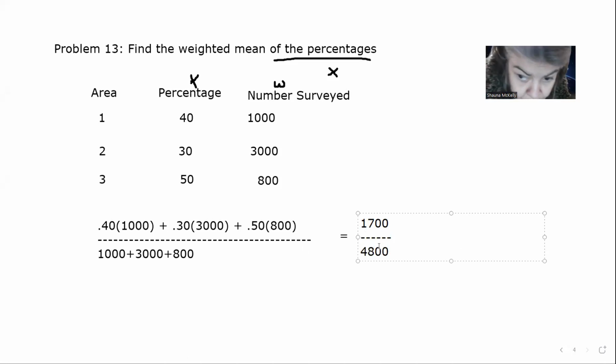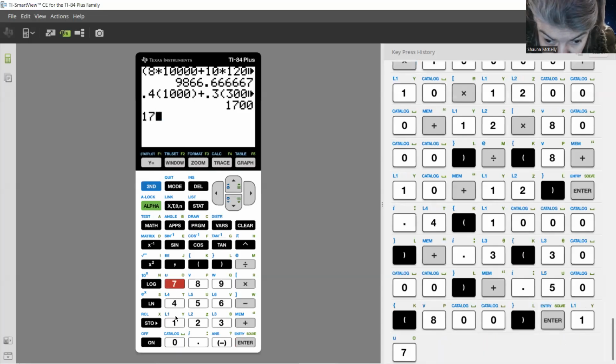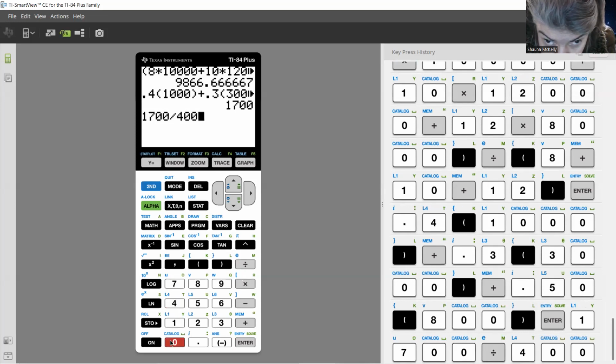And if we then do the math one more time, we get, okay, we have 1,700 divided by 400.